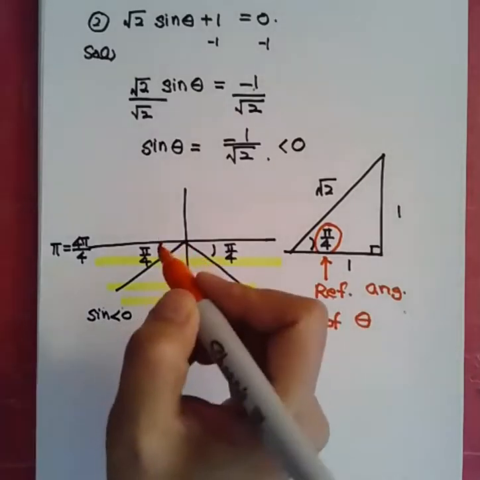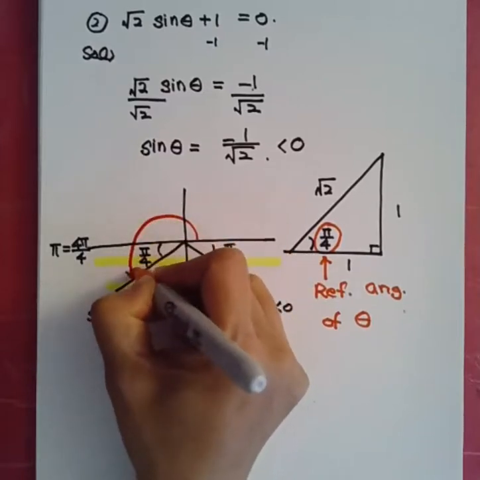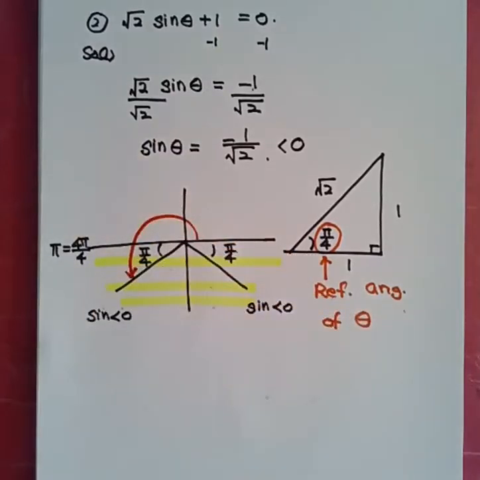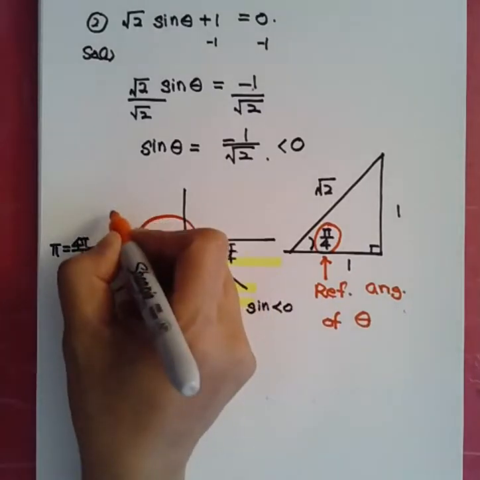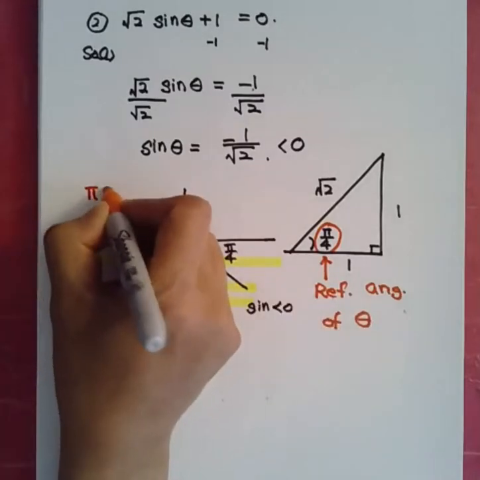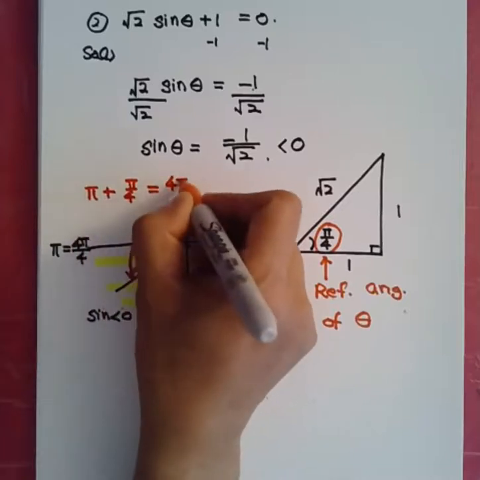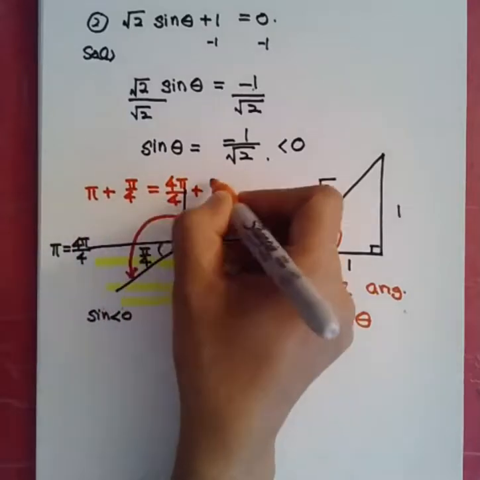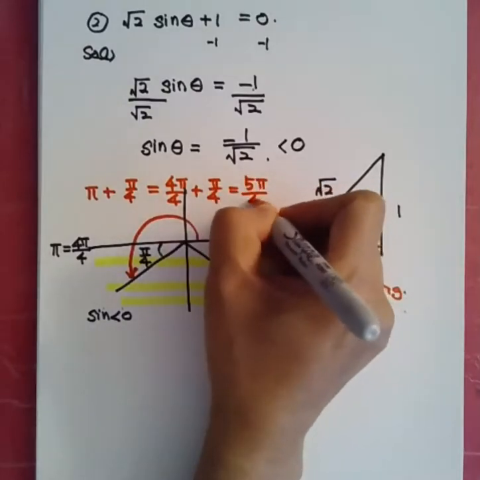Then we will convert the given angles to angles between 0 and 2 pi. In this case, that is pi plus pi over 4. Let me write down pi plus pi over 4. So that is 4 pi over 4 plus pi over 4. So that is 5 pi over 4.